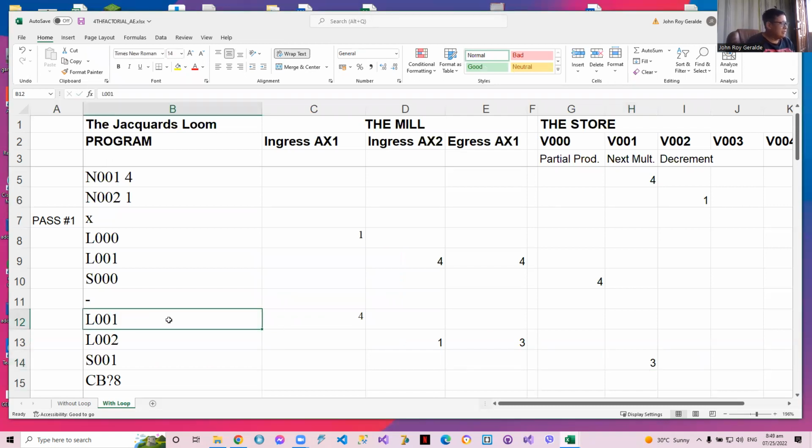Let's look at this. L00, L002. You see, L01. So L002, this is 1.